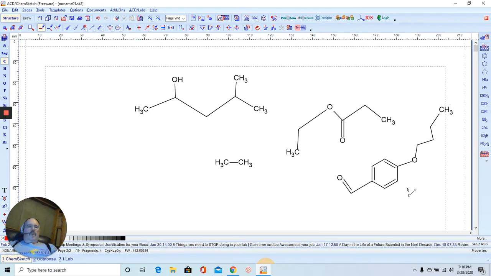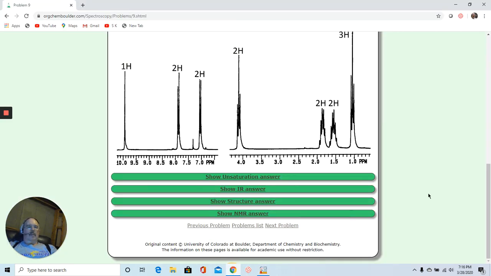If we had an ortho or meta-disubstituted, we would have a more complex splitting pattern. These 2 hydrogens here are equivalent, and they're split by these hydrogens here. The ones that are farther downfield, with a higher chemical shift, are closest to the aldehyde. The ones more upfield would be closer to the ether. So that would be 4-butoxybenzaldehyde.